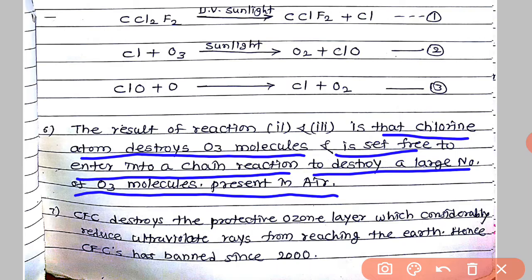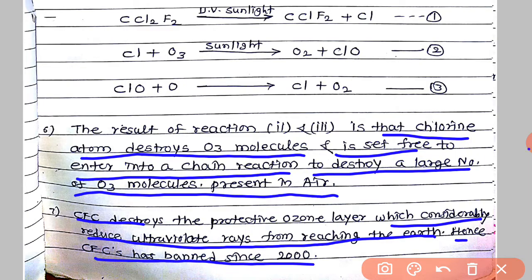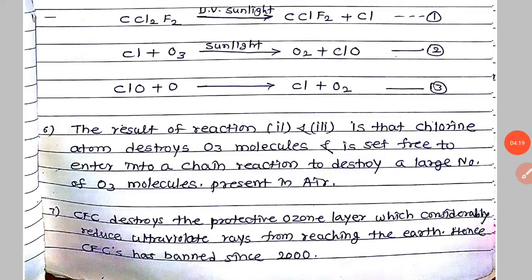So ozone layer depletion on a large scale is taking place. See here, CFC destroys the protective ozone layer, which considerably reduces ultraviolet rays from reaching the earth. Hence CFC has been banned since the year 2000. This is all about ozone layer depletion.